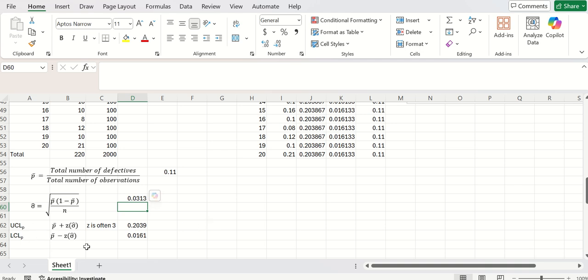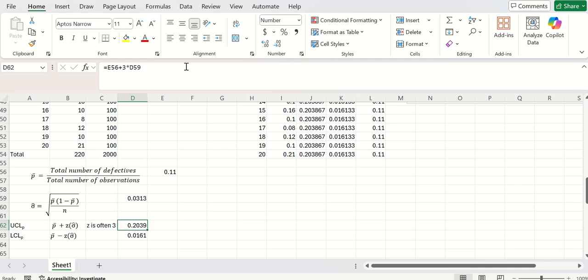Now we have an upper control limit and a lower control limit. And I mentioned to you before that oftentimes companies will go with a Z of 3. Again, it comes from the Six Sigma idea where there are 3 standard deviations above and 3 standard deviations below. It may be different for the company that you work with. However, in this case, the textbook is going with a Z of 3.